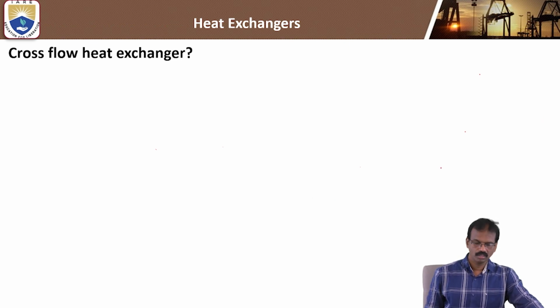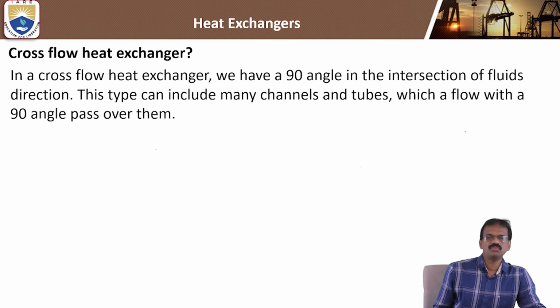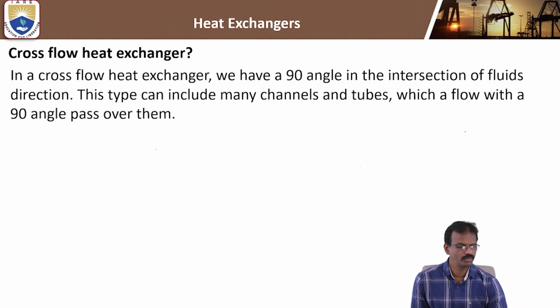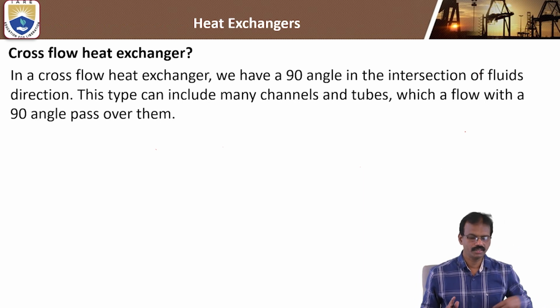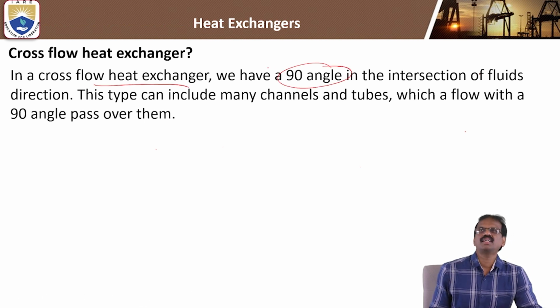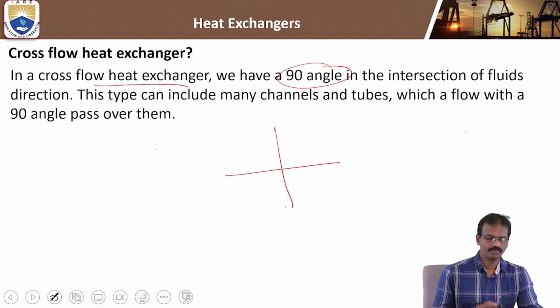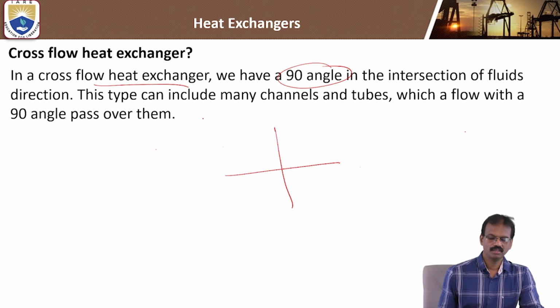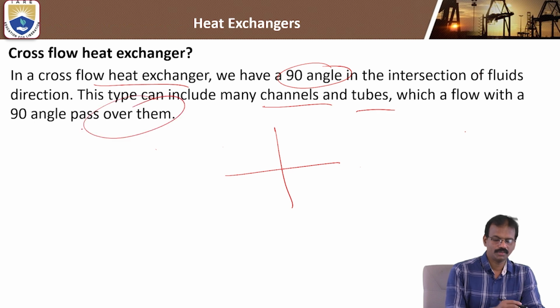In cross flow, we may see some phase changes also. We have 90 degree angles at the intersection of the two fluid directions. This type can include many channels and tubes over which the flow passes at 90 degrees.